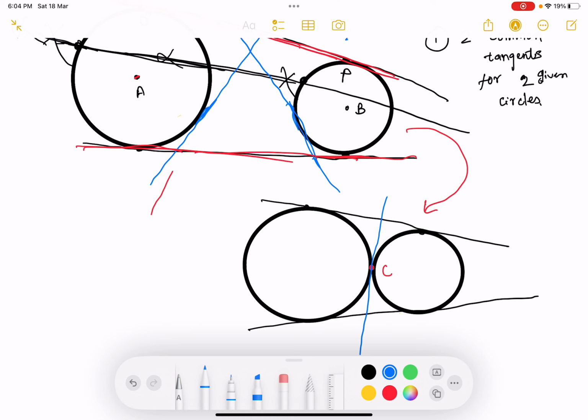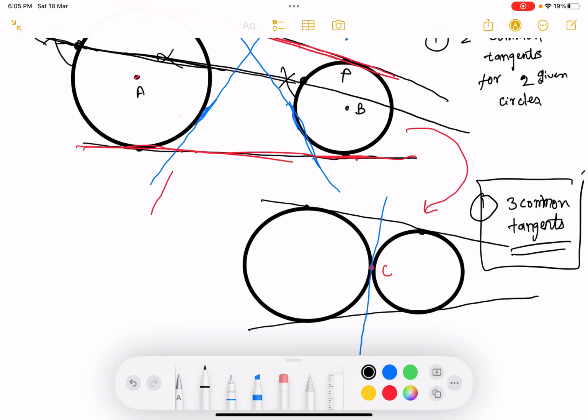So what is an important observation here? That we can draw three common tangents. So this is a special case of the first case. In this case, we can draw three common tangents for two given circles.